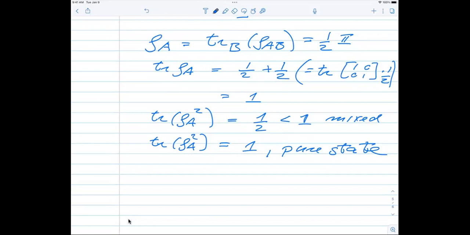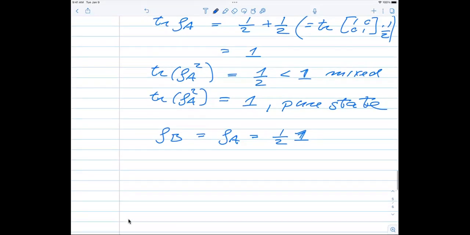I should also say one thing. In this specific case, what we are going to get is that rho of B is identical to rho of A, which you can easily see when we perform the calculations. However, rho of AB is not necessarily equal to rho of A tensor product with rho of B. That doesn't follow immediately from these calculations.